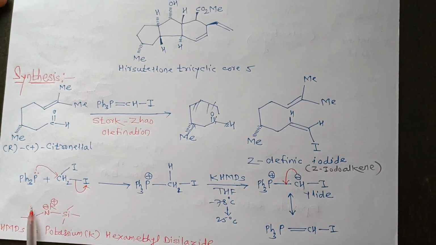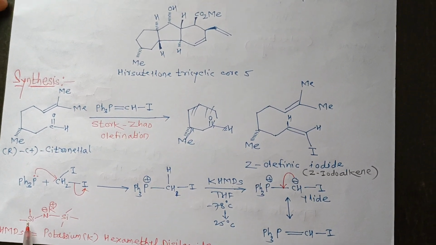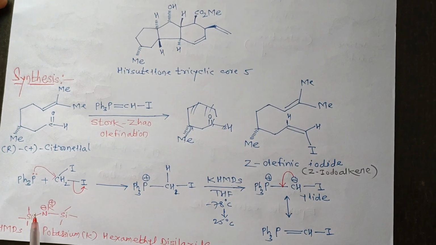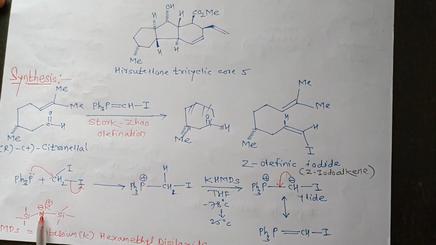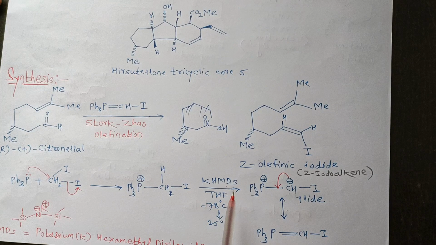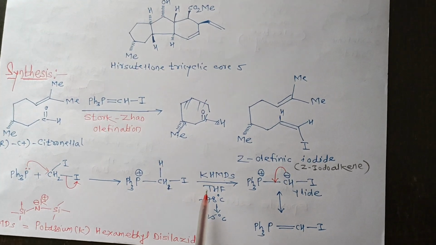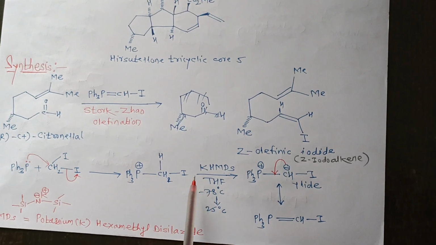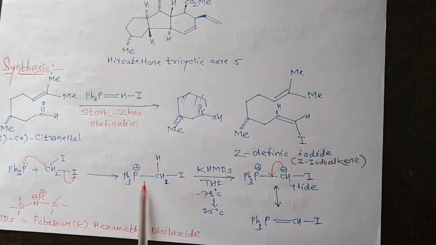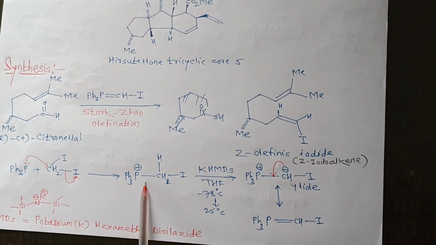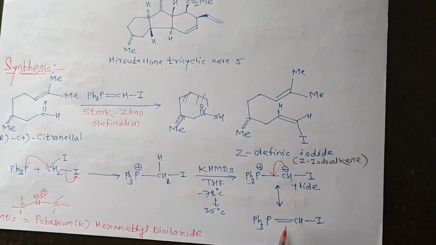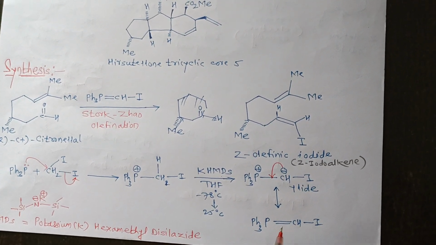It consists of two silyl groups, and the nitrogen carries a negative charge. So this is a sterically hindered strong base, and that base will convert that positively charged intermediate into the corresponding vinylic iodide, that is phosphorane.